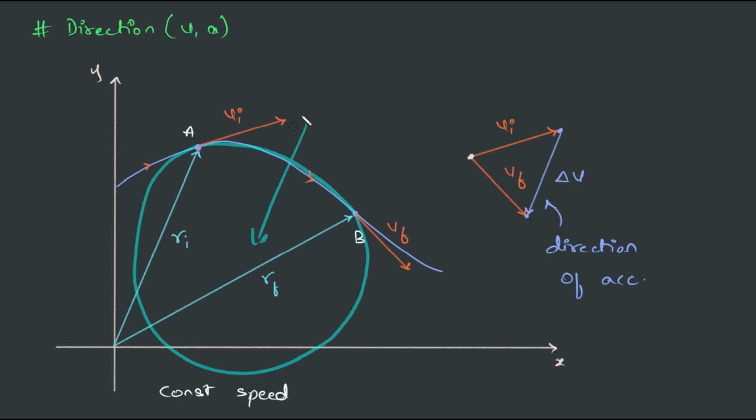This direction is pointing inwards. If I happen to position all of this over here, you can see that it's pointing inwards. Okay, so that's one thing that you guys have to make a note of. That's one trick, right? So we have the direction of acceleration pointing inwards. Anything else?